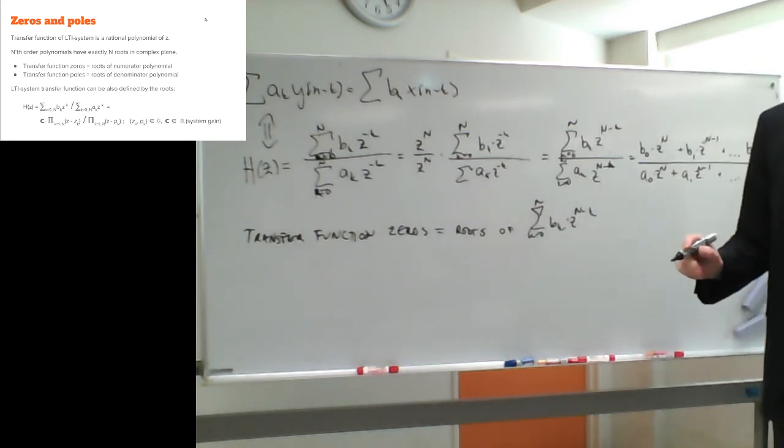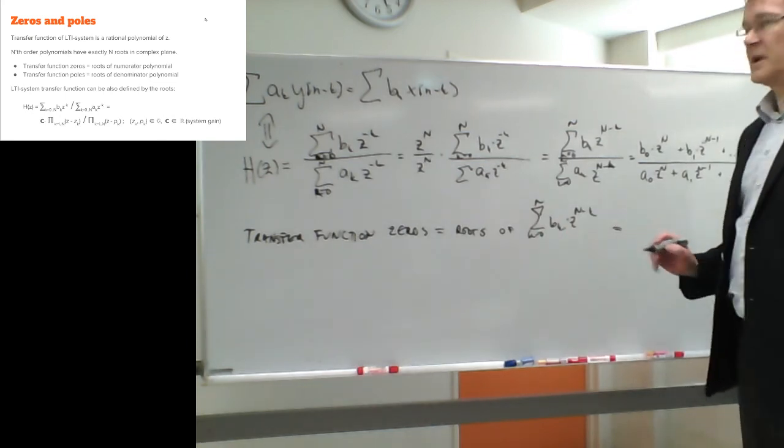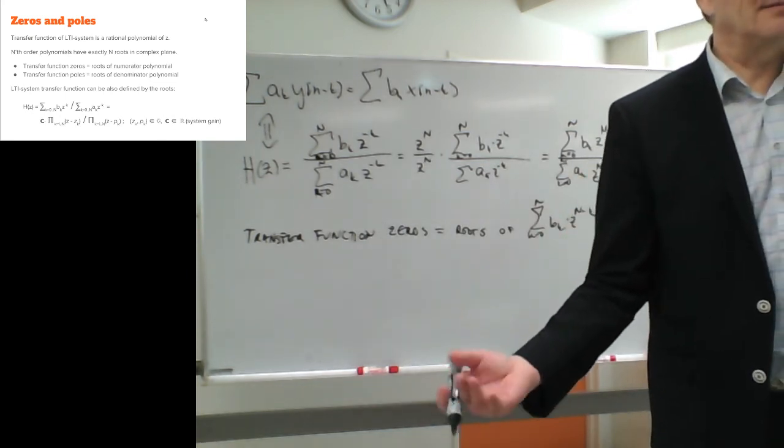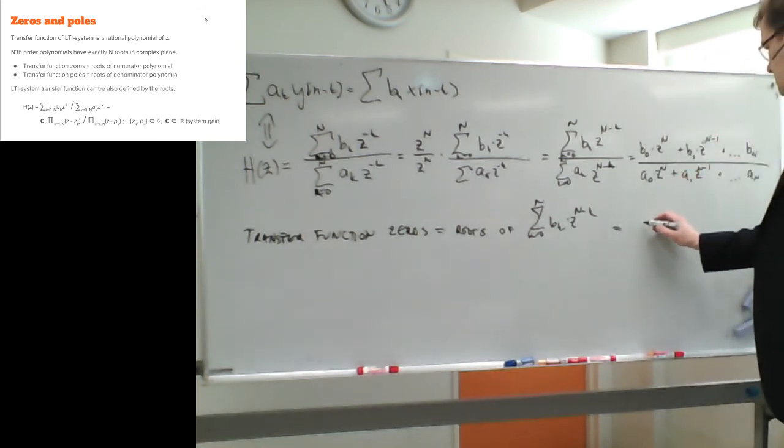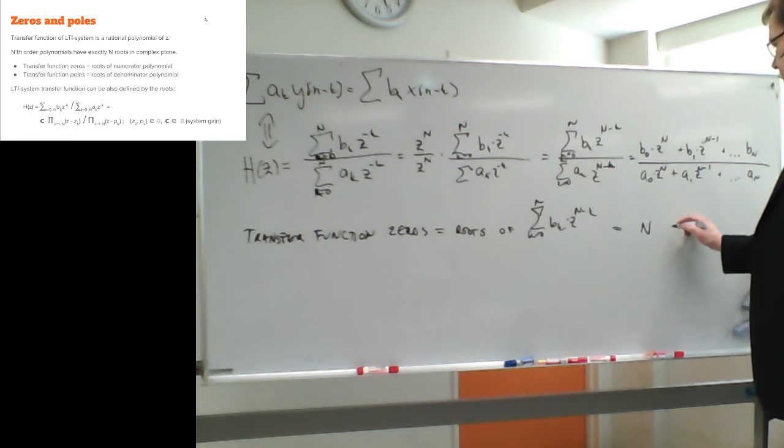Simple. And since we are now on the complex plane, there are always exactly n roots.